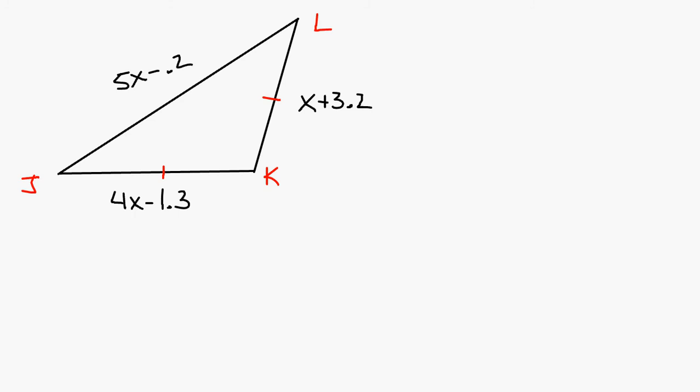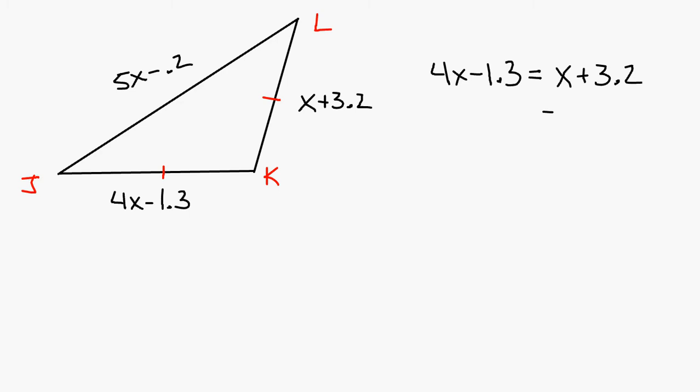So if you know that two of the sides are equal to each other, don't you have to solve for x to find the side lengths? So you've got to write an equation here, don't you? So can you write 4x minus 1.3? What's it going to be equal to? x plus 3.2.